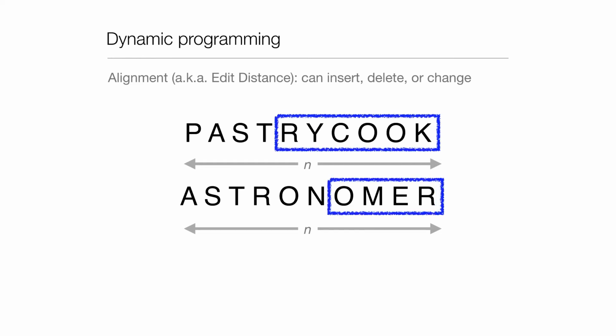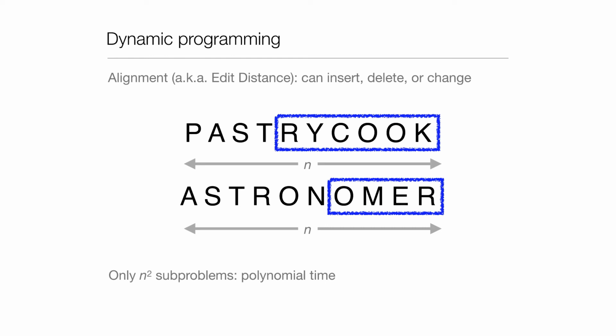Now, as we try to keep applying this, we'll find ourselves dealing with lots of sub-problems, smaller versions of the same problem on parts of the string. But there's some good news. All of our sub-problems consist of taking some final part of pastry cook and some final part of astronomer.